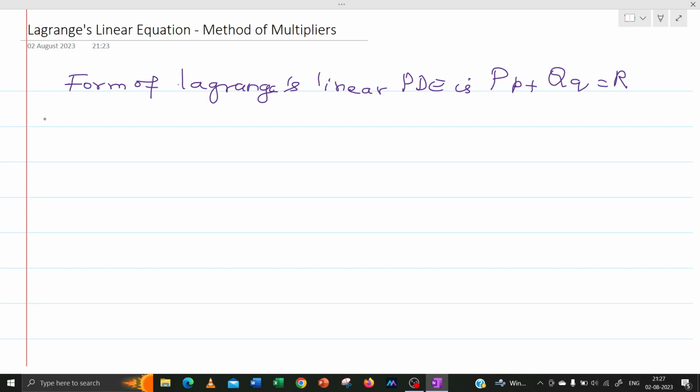To solve the equation, it is enough to solve the subsidiary equation.